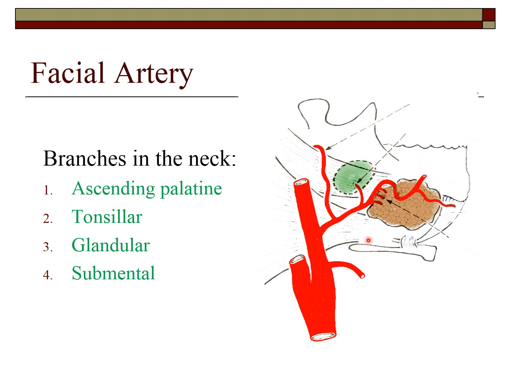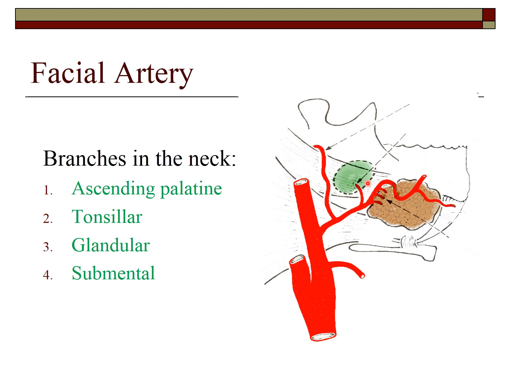Here it gives branches in the neck before going into the face. The first branch ascends upwards to the palate. It supplies the palate. And if you go to the blood supply of the soft palate, you're going to see this branch. It's called the ascending palatine artery.